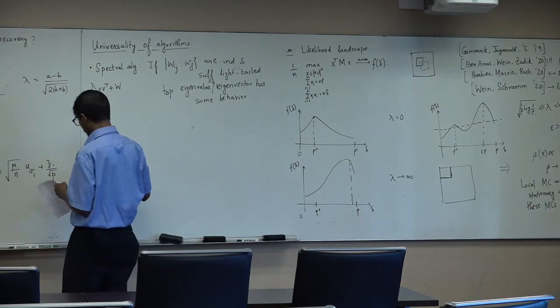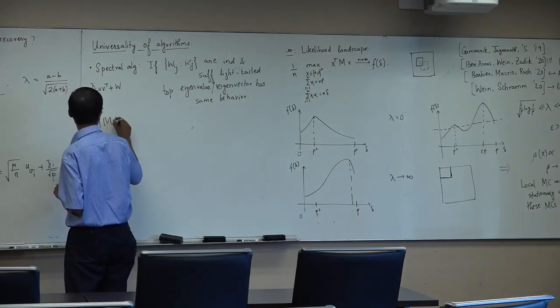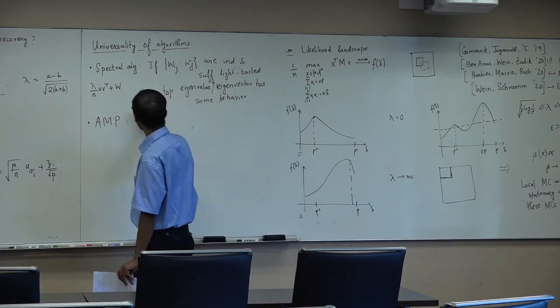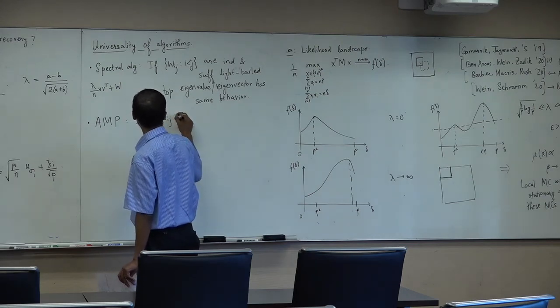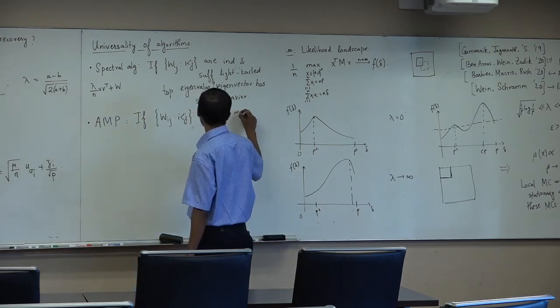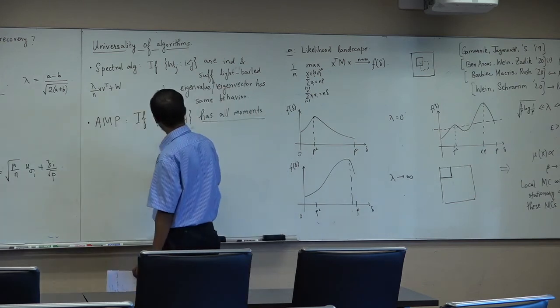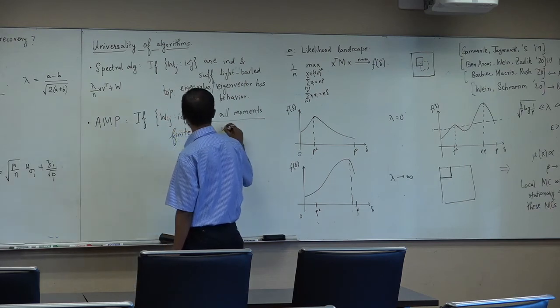Similarly, let's say for AMP algorithms, I think typically here you need a bit more. So if Wij at least has all moments finite, this is, I think, still required, then universal.